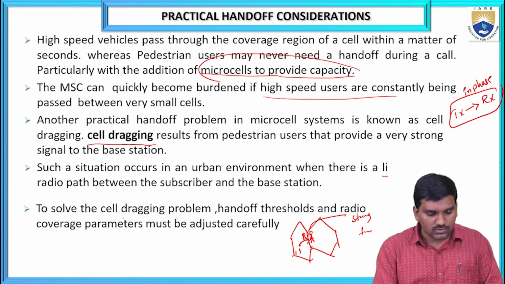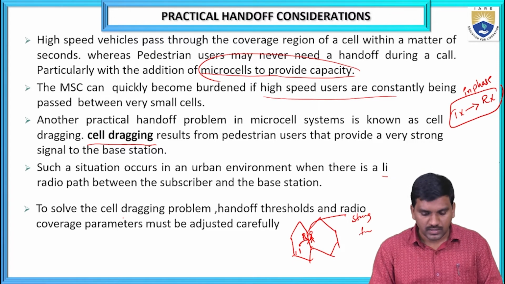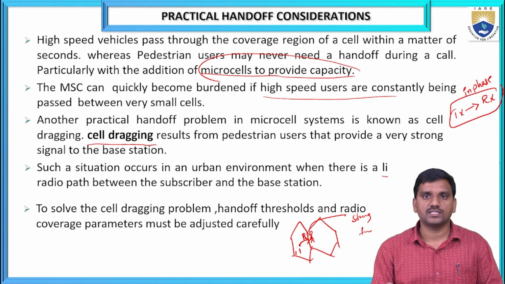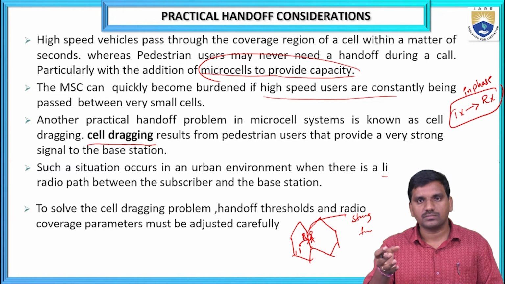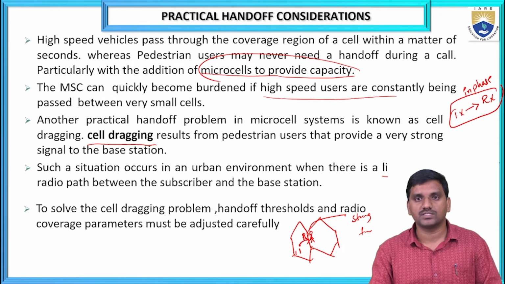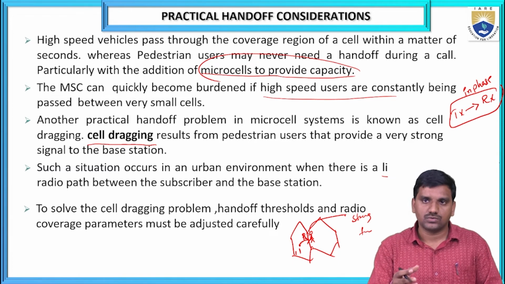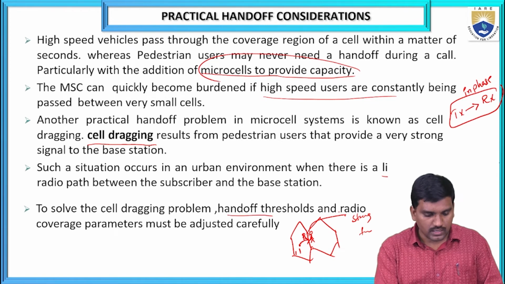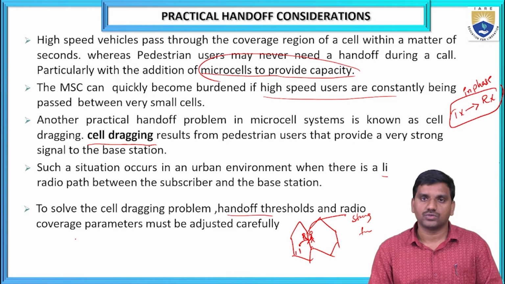To solve the cell dragging problem, the handoff threshold and radio coverage parameters must be adjusted carefully. In order to design any cellular system, we have to maintain some parameters at a particular stage.